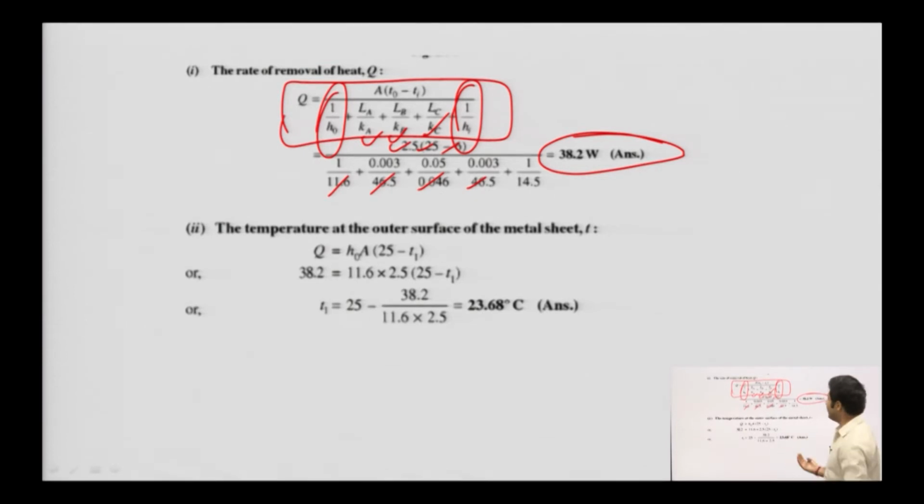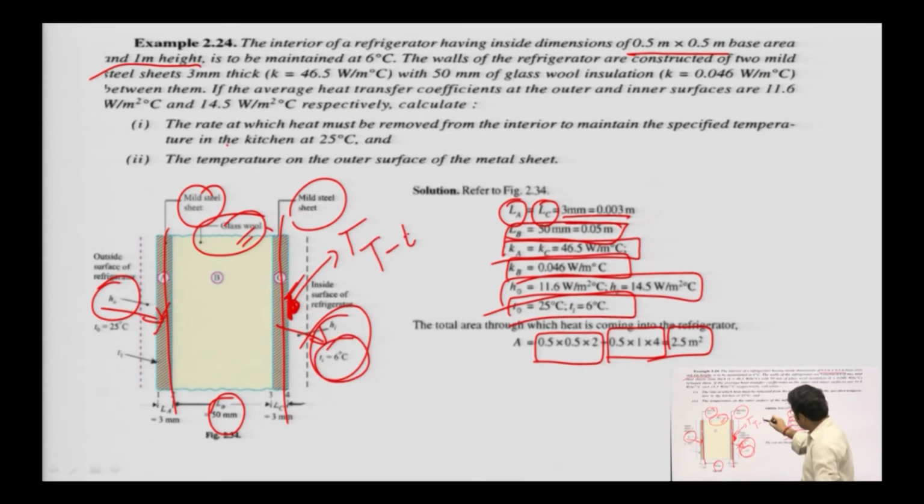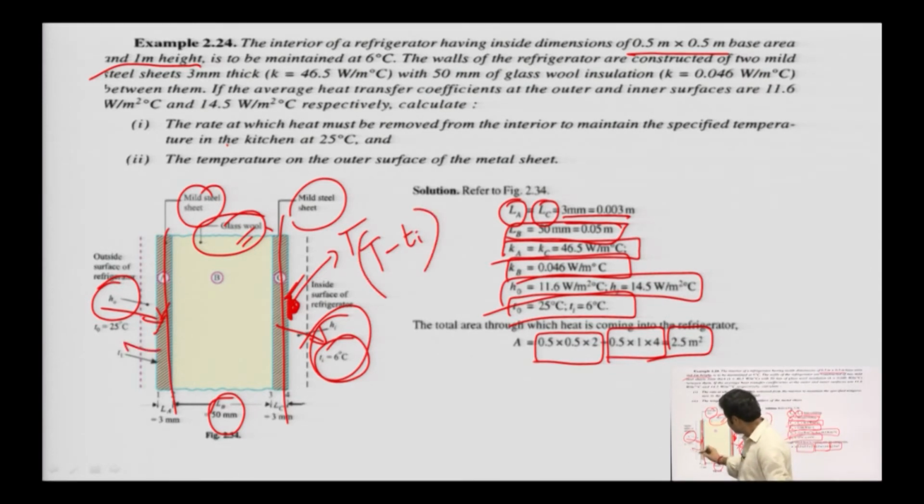Okay, now the temperature at the outer surface of the metal sheet is actually nothing but the convection. You can calculate it by the convection. What's happening is, see, suppose there is a temperature at the external surface, and here you have a temperature, so it will be T minus To.